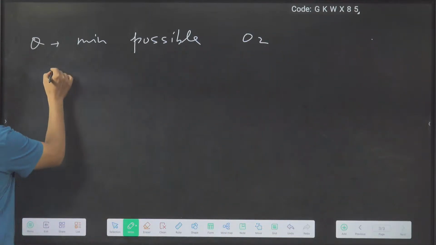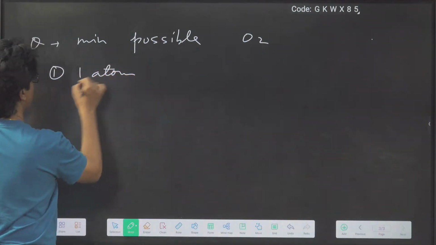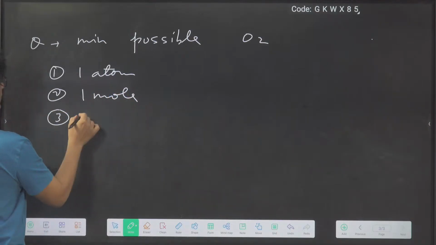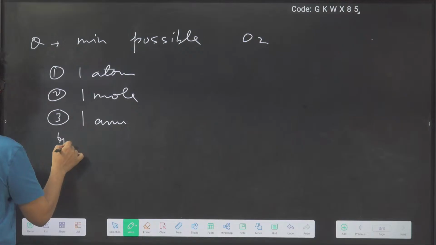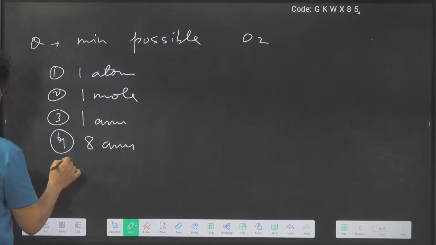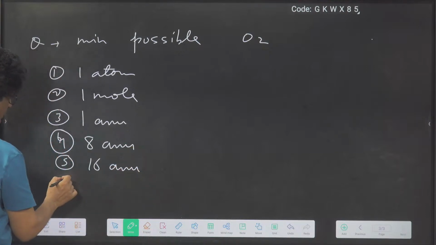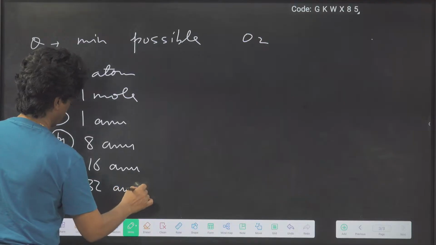So the first one is, say again, 1 atom, second is 1 mole, third is 1 AMU, fourth will be 8 AMU, fifth 16 AMU, and sixth 32 AMU.